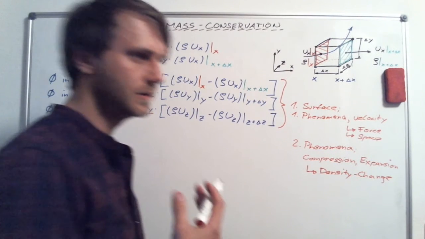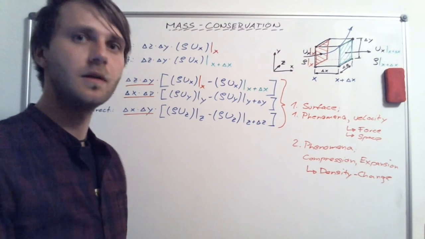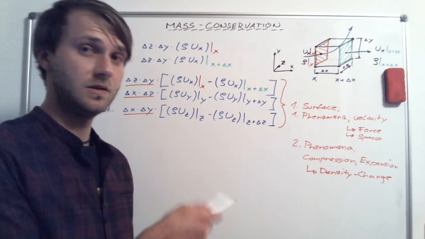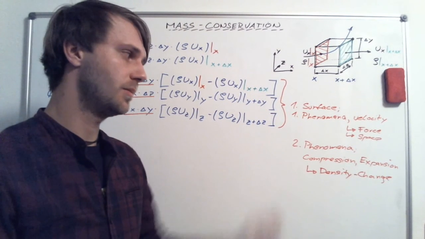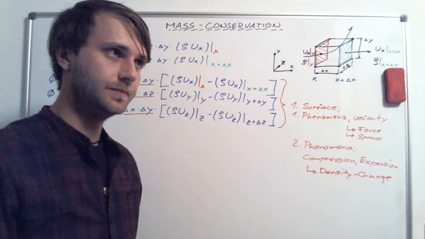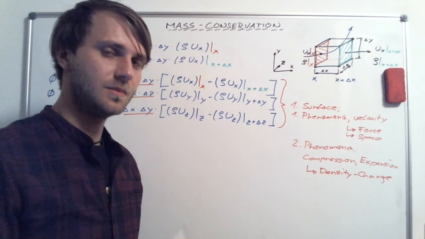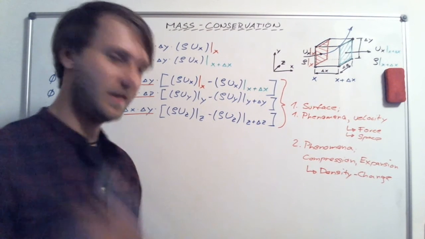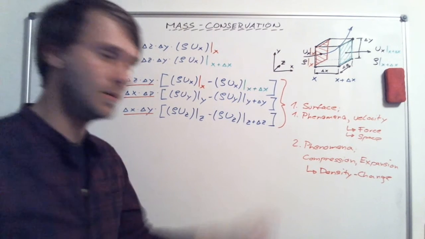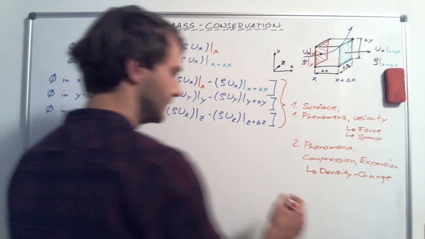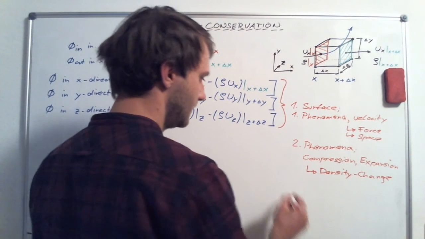If you think about water, if you cool it or heat it up, you also have density change, and this is also some expansion or compression. But it's something else if we have air and we compress or expand this, but it's the same phenomena behind. And density change is in time.